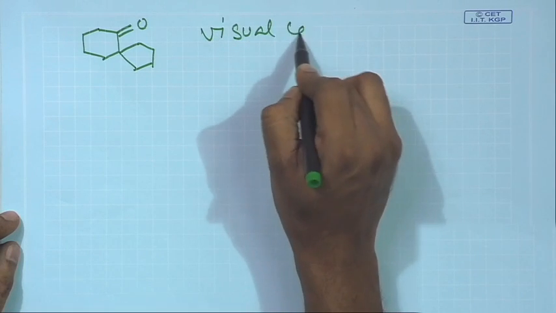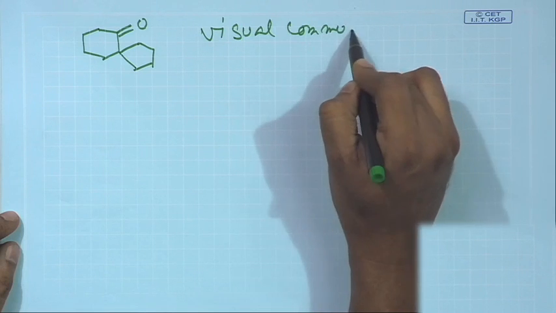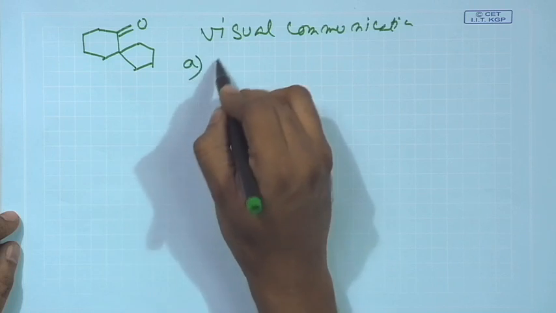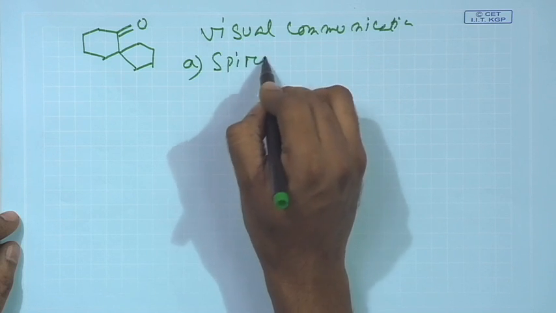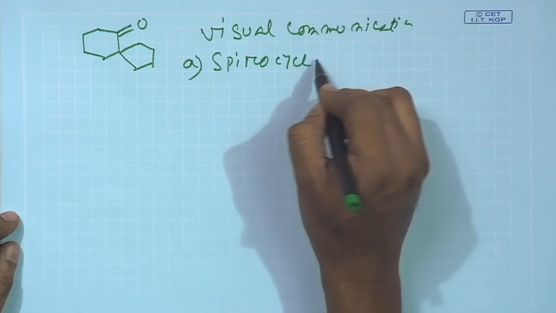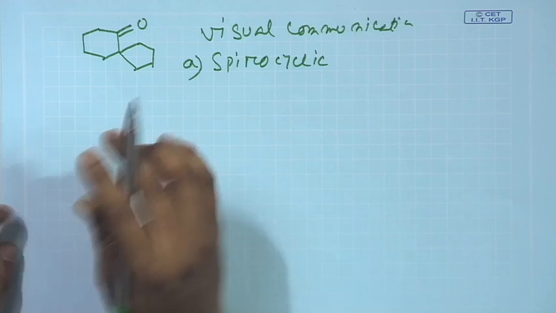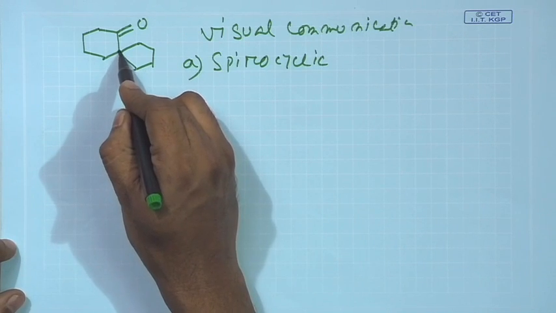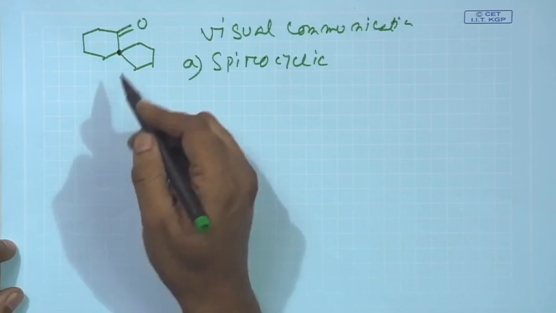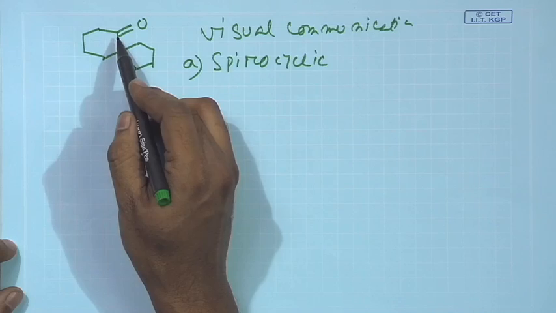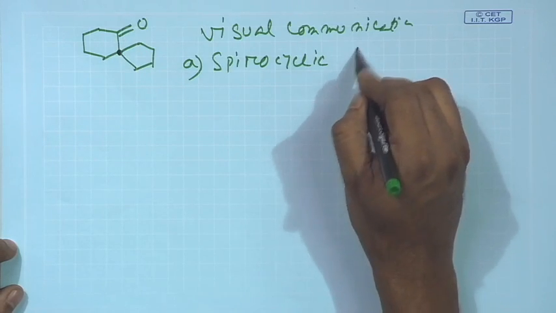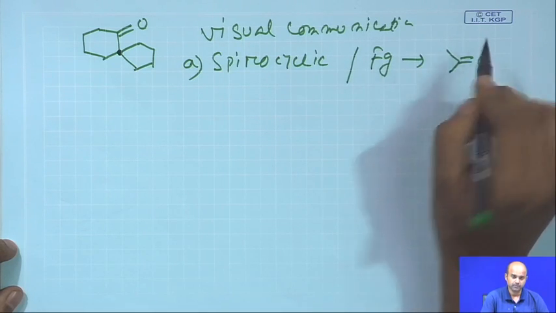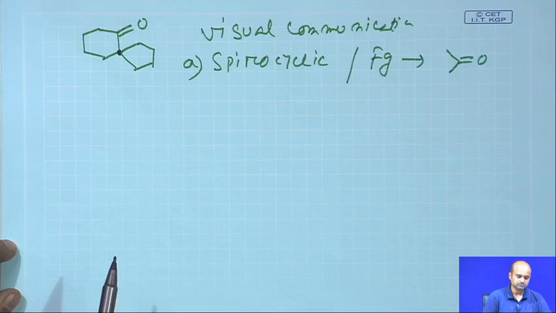It says that this molecule has a spirocycle structure. Then the functional group content, FG content, is only a carbonyl group, a ketone, nothing else.